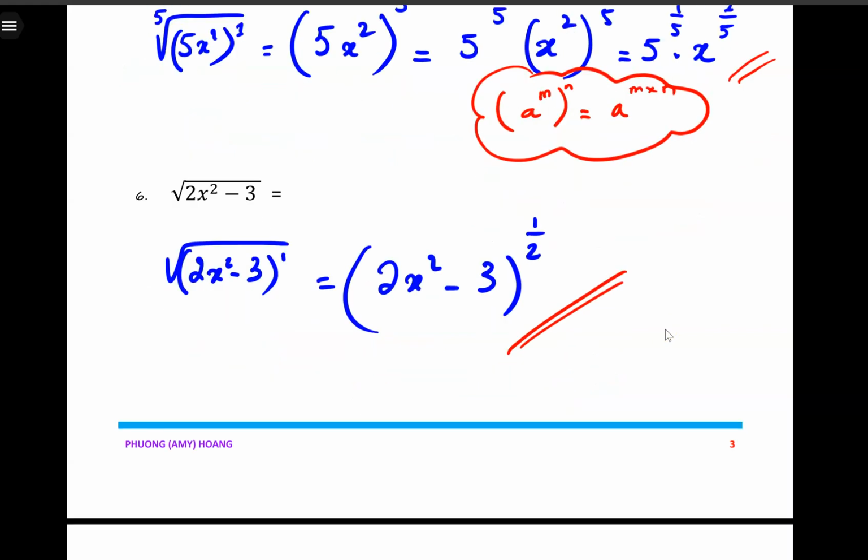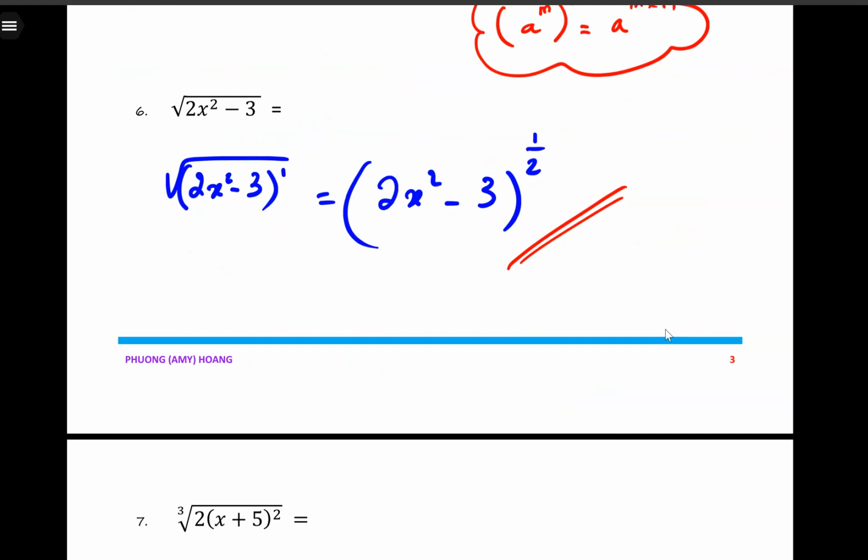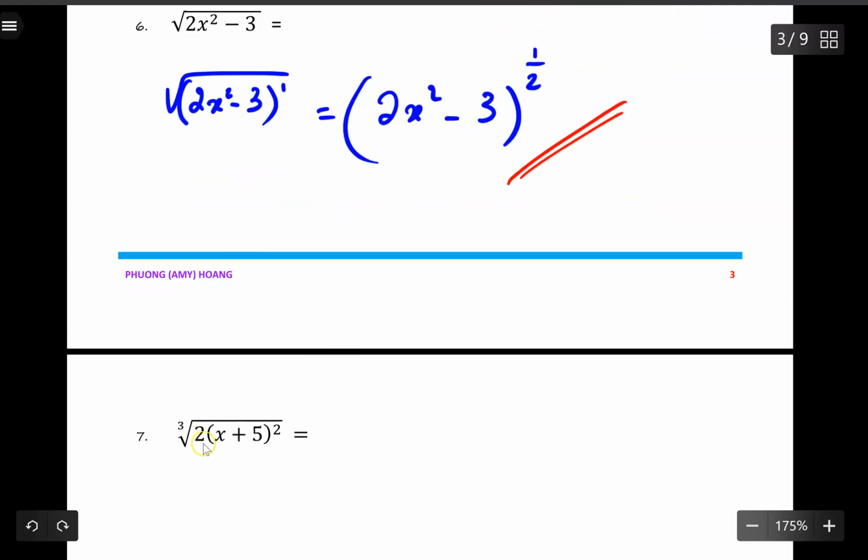Alright, so let's compare number 6 and number 7. You can see that I have all of this raised to the exponent 1 as a radicand, then I convert all of it to the exponent a half. But in this case, with the 2 right here in the radicand, I have to be very careful.